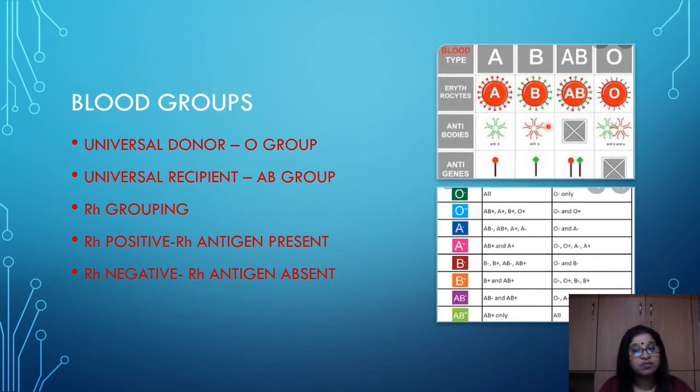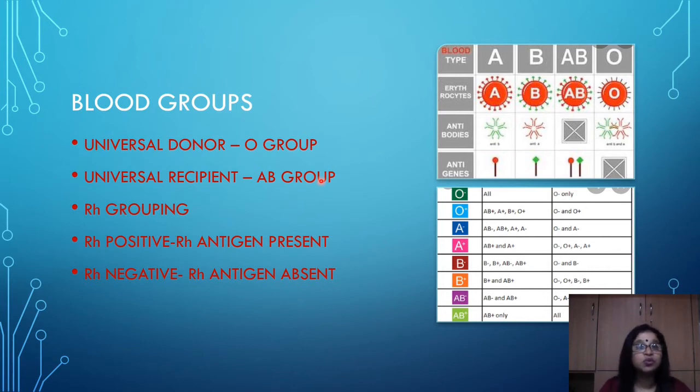Similarly, for an AB blood group, because they have both the antigens on the surface but there are no antibodies in circulation, they can receive blood from A, B as well as O. So blood group AB becomes a universal recipient.